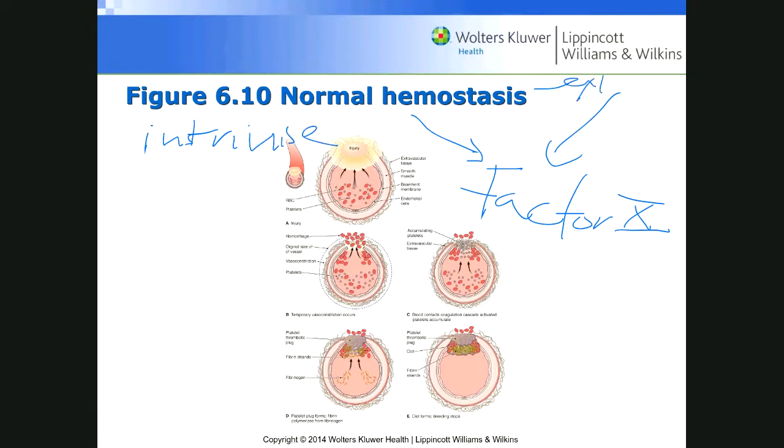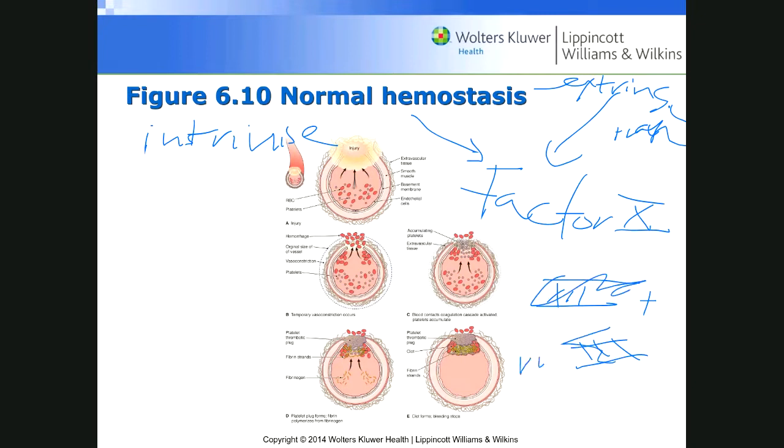The extrinsic pathway requires factor 7 and factor 3.